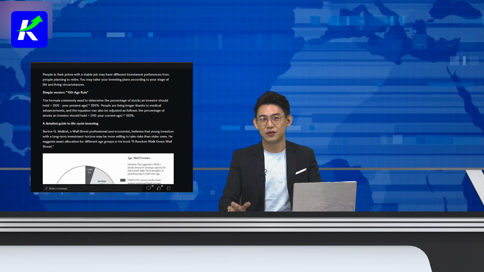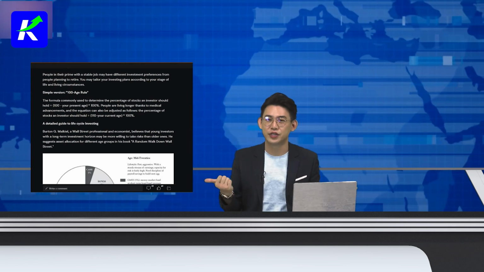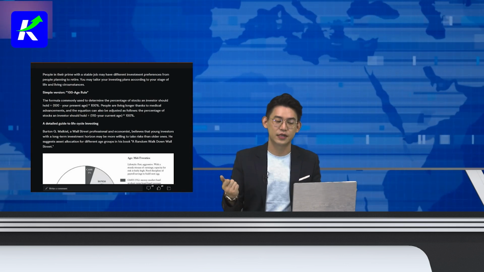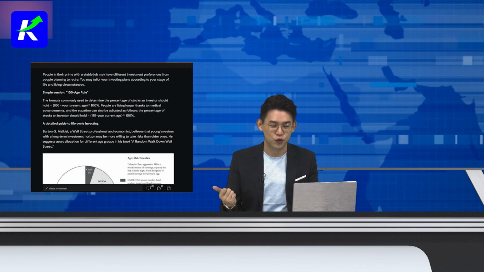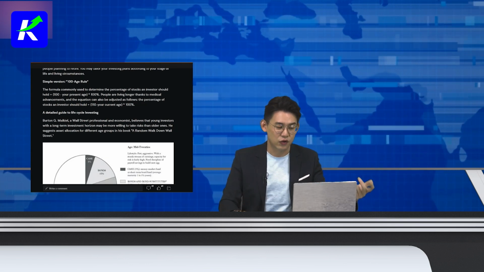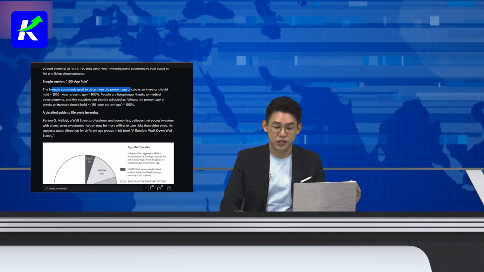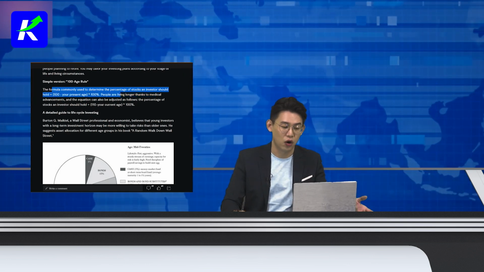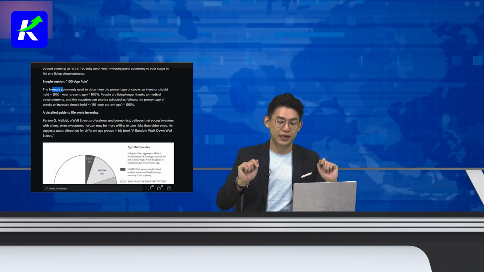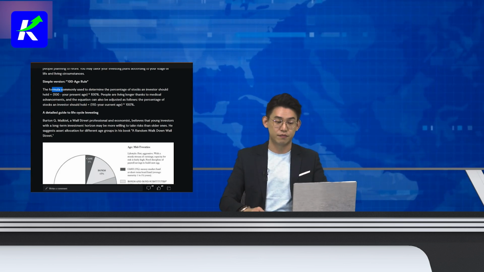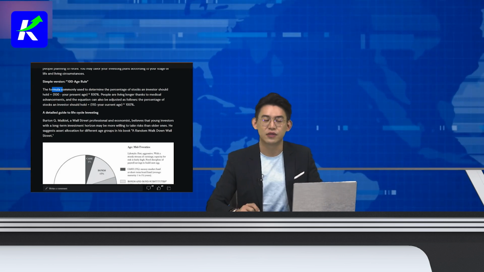So right now, come back to this, okay? Simple version. What they are saying is the 100 minus age rule. So what is this rule over here? The formula commonly used to determine the percentage of stocks an investor should hold is 100 minus your present age, times 100%. So let's say, for example, right now I'm 35 years old.